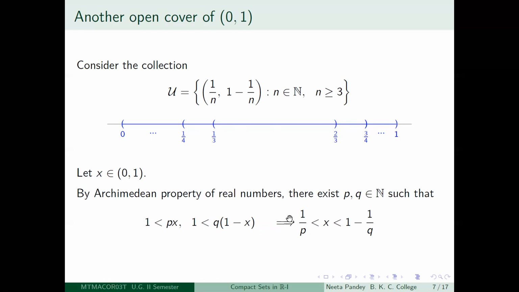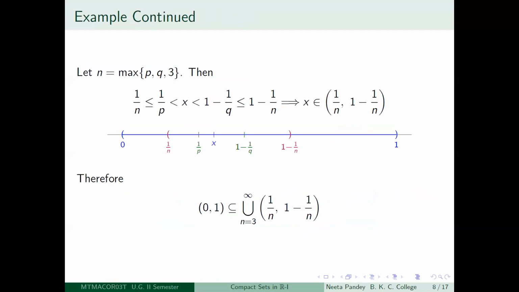So Archimedean property is at least ensuring that you will get an open interval of the type 1 by p to 1 minus 1 by q, where x will belong. But the p and q, the numbers which you get, may be different. So a little bit of rearranging your numbers will just give you the proper interval.